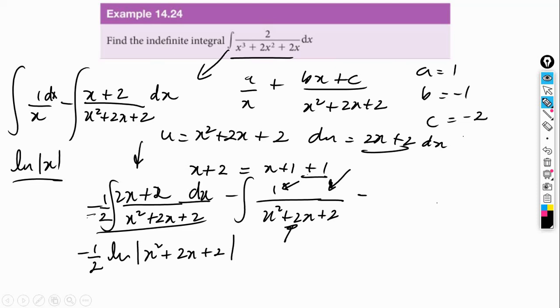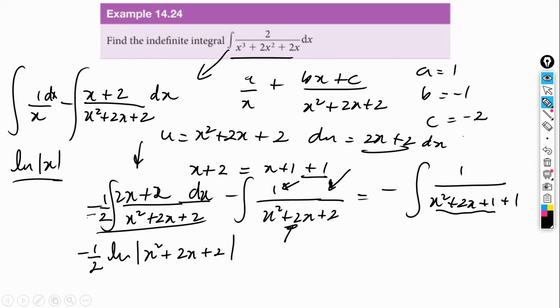Notice that we can rewrite this as minus the integral of 1 over x squared plus 2x plus 1 plus 1. And notice that this is a perfect square, so we can use completing the square in order to solve this problem.